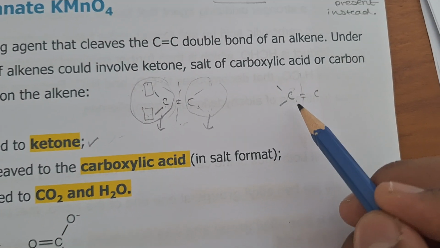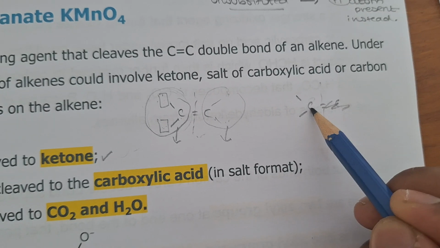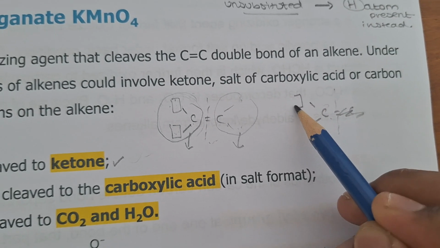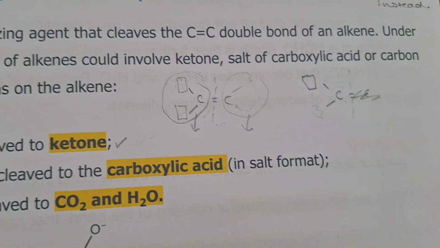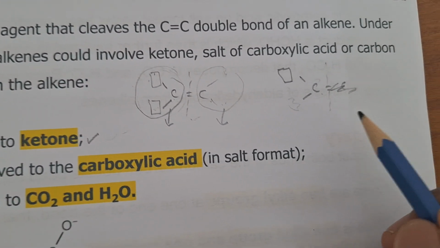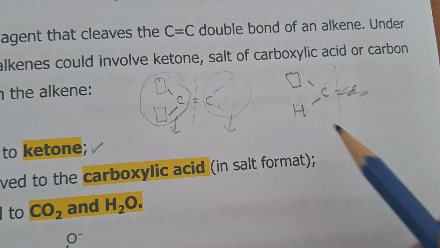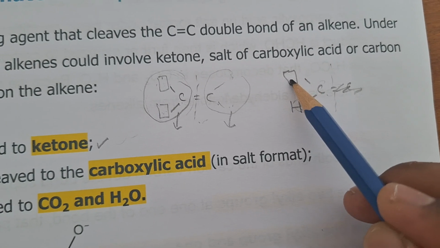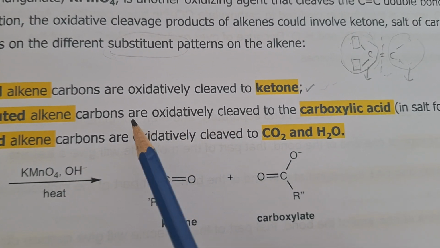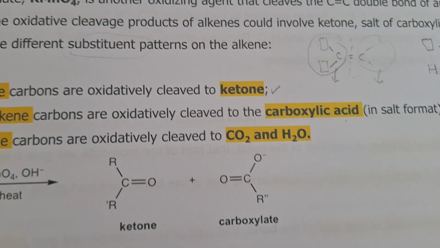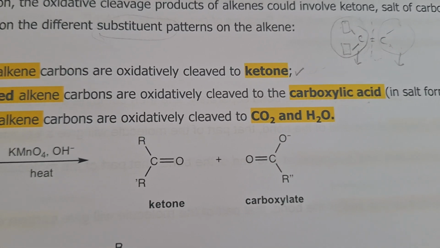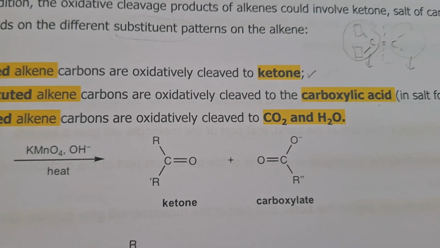Ok? Et maintenant, si le carbone est attaché avec un seul alkyl, et l'autre côté, disons, un hydrogène. Si il y a un alkyl et un hydrogène, dans ce cas, it becomes what? They are oxidatively cleaved to carboxylic acid. Au fait, il ne devient pas directement carboxylic acid, ok?